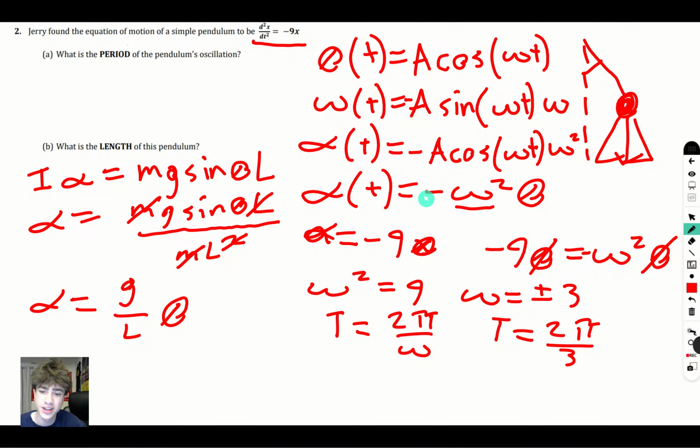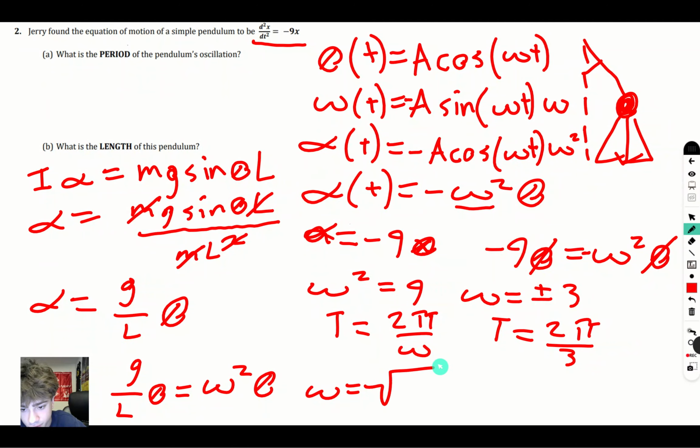We can kind of ignore this negative right here, because when it's oscillating, it doesn't really have a particular direction. The direction's kind of just switching around. So we can just write this as g over L theta is equal to omega squared theta. And from here we'll see that omega is going to be the square root of g over L.